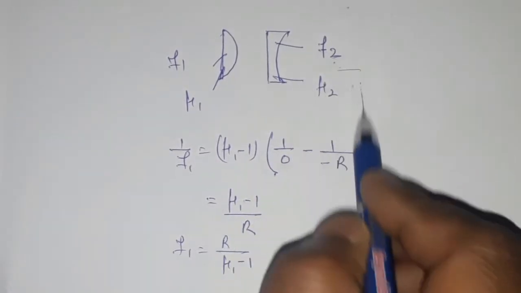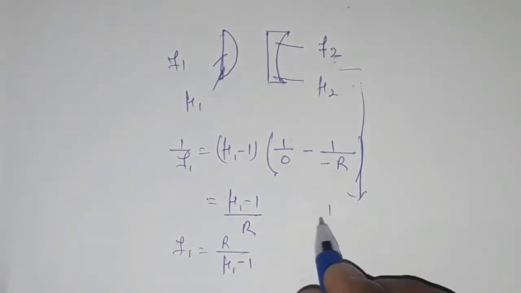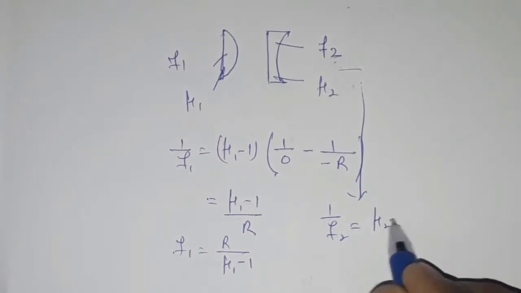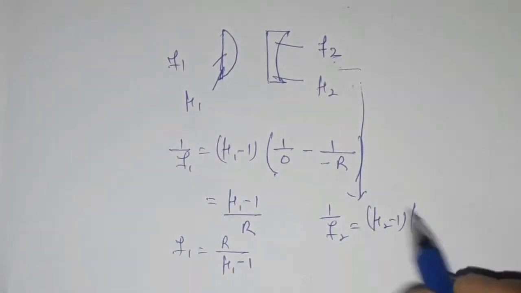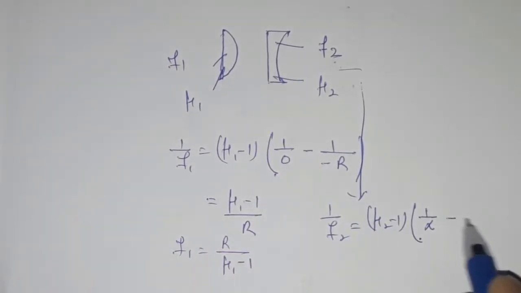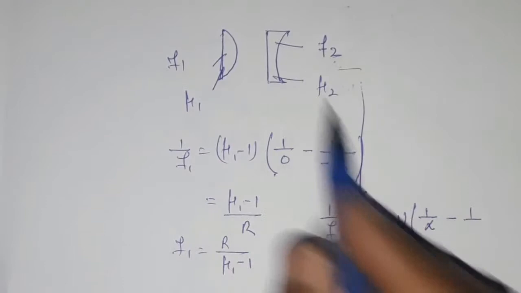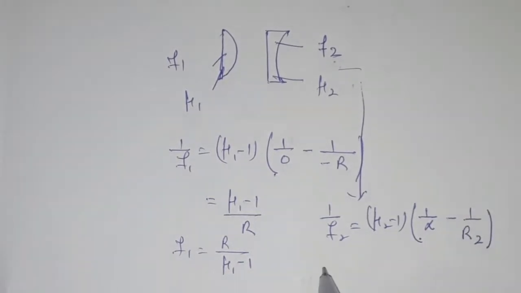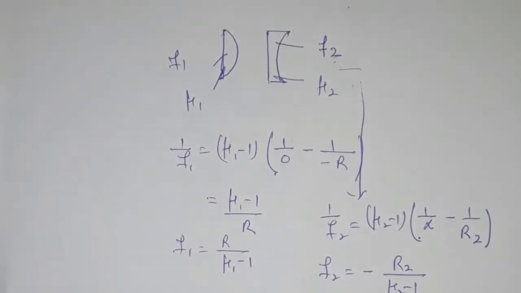And for this, 1 by f2 is equal to mu2 minus 1 into, this is infinity, minus 1 by R2, so f2 is equal to minus R2 upon mu2 minus 1.